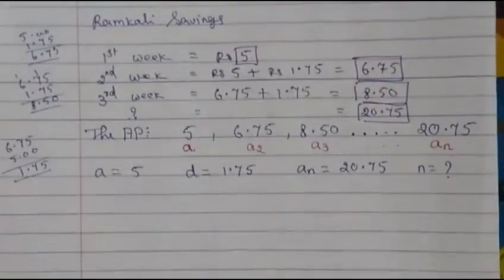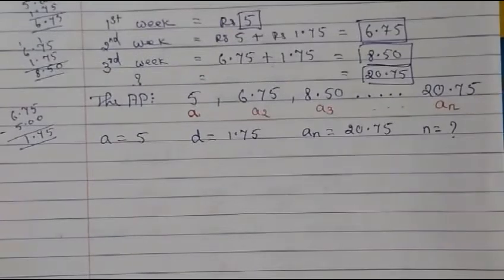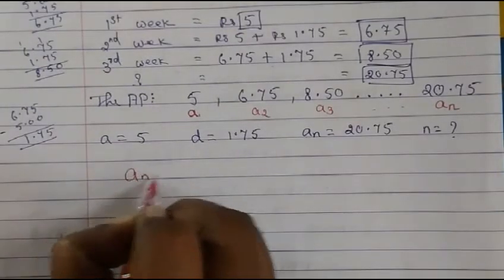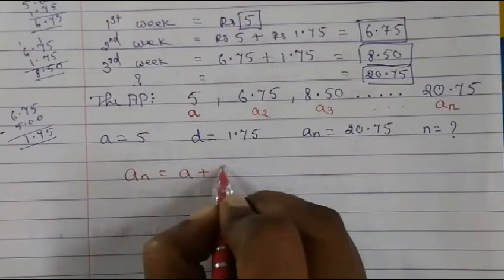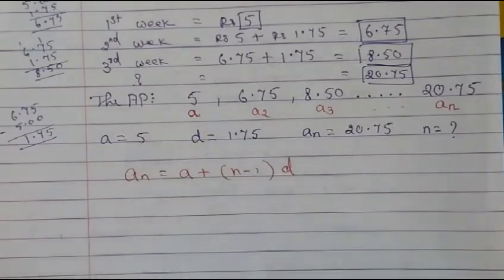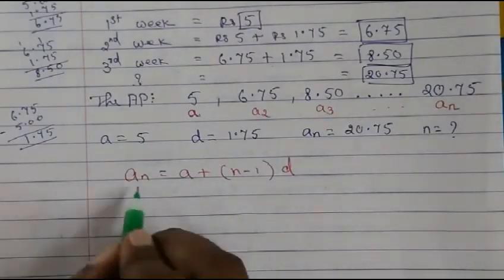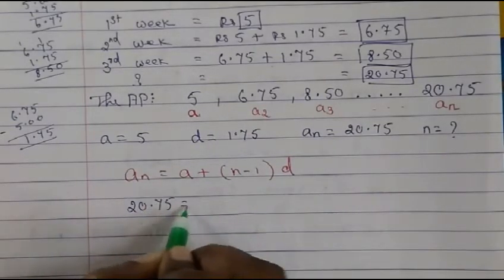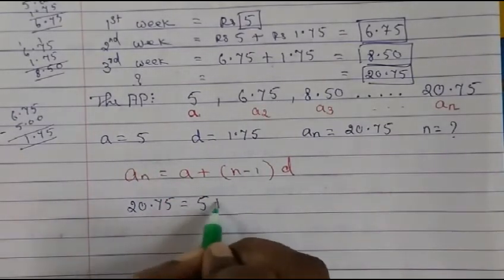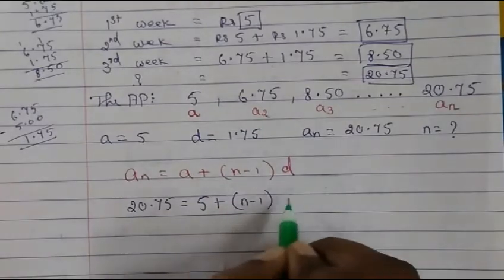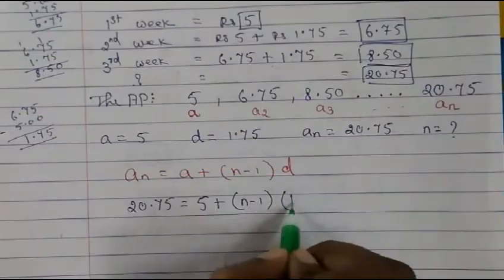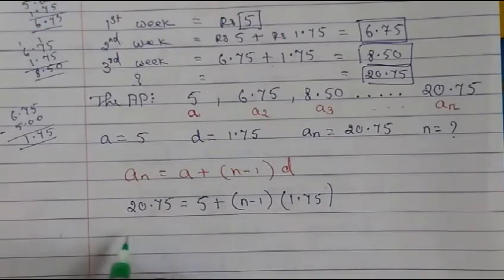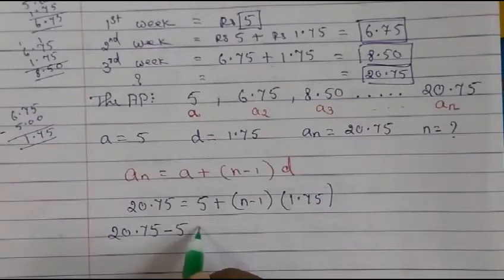So let's put the values in the formula, that is an equals a plus n minus 1 times d. So an is 20.75, a is 5, plus n minus 1, we don't know, we have to find out, d is 1.75. So now 20.75, this plus 5, let us bring it to this side, it will become minus 5.